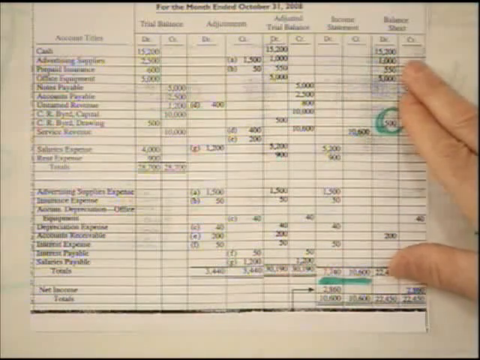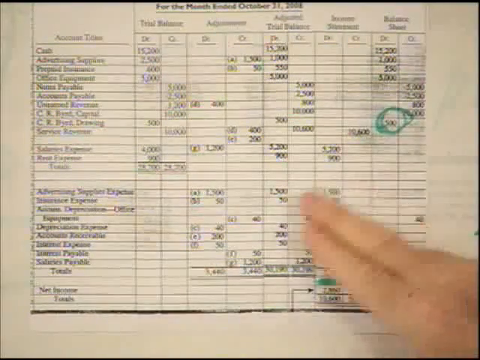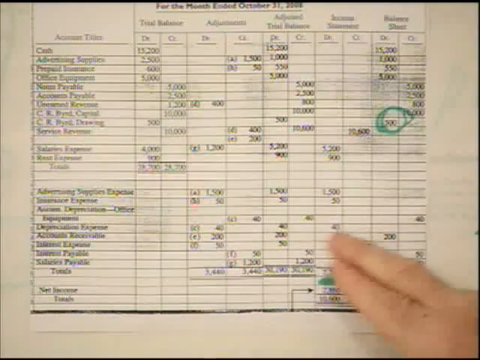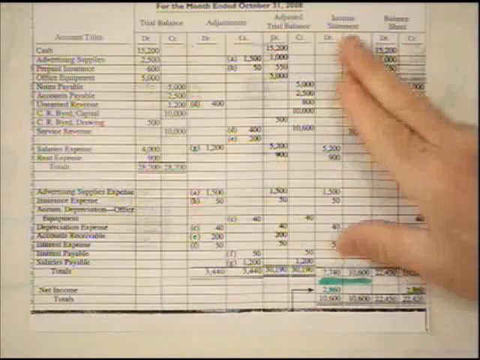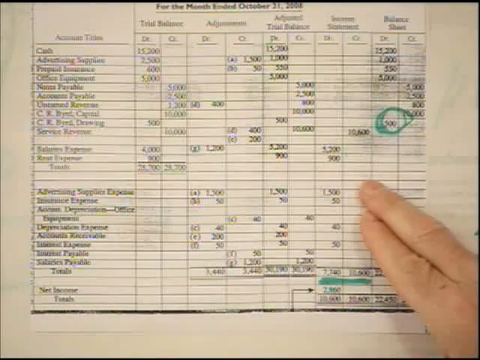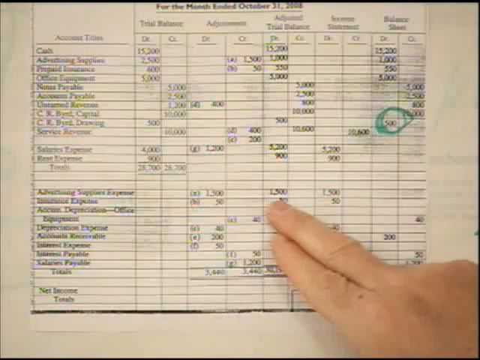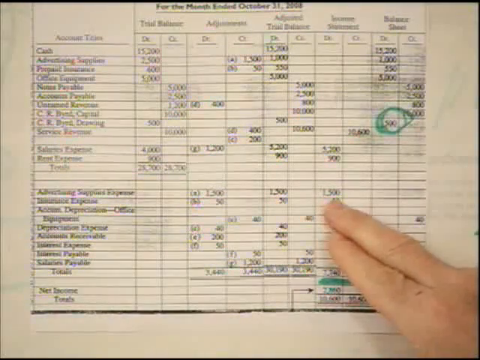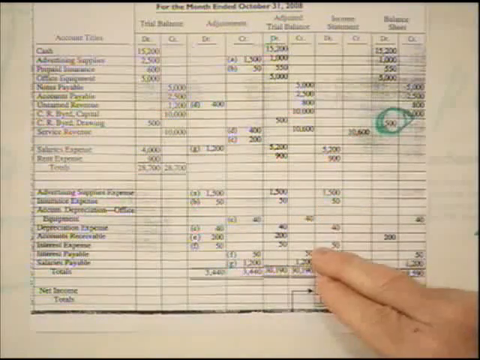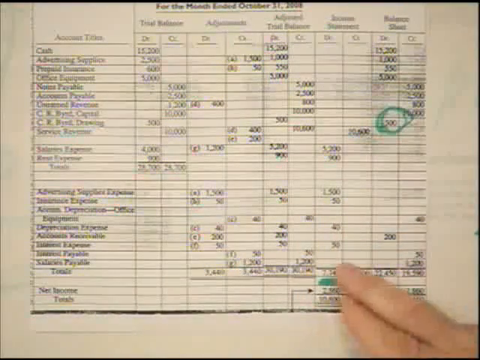You can make a lot of errors when doing this, so it's very important to be careful when you slide these numbers over, that you get them in the right income statement or balance sheet column, that you list the debit and credit appropriately, and that you list the right amount. Sometimes I see students write 15,000 or 150 instead of 1,500, and it's easy to transpose digits and create more errors for yourself.